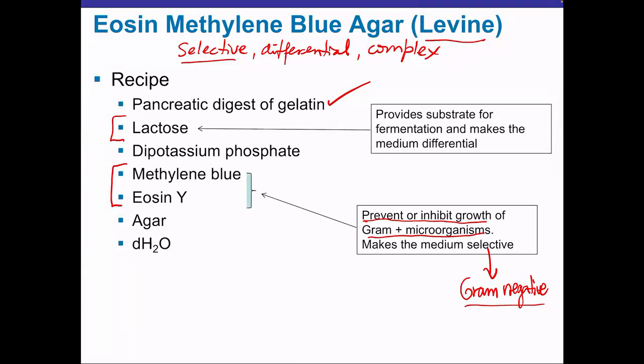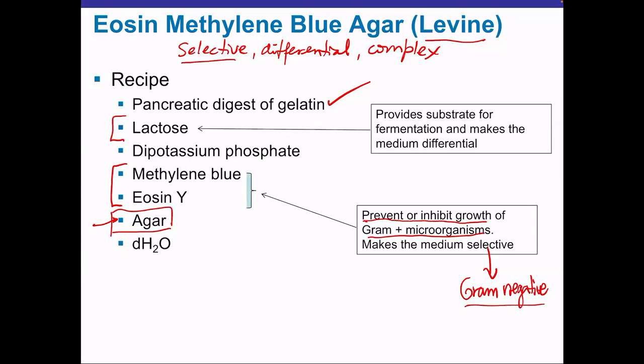As a result of that fermentation, acid will be produced, and the production of acid will change the pH of the medium, a change in pH that will allow the colonies that are growing there to change their color. Once again, the medium also has agar, and its only function is as a solidifying agent.